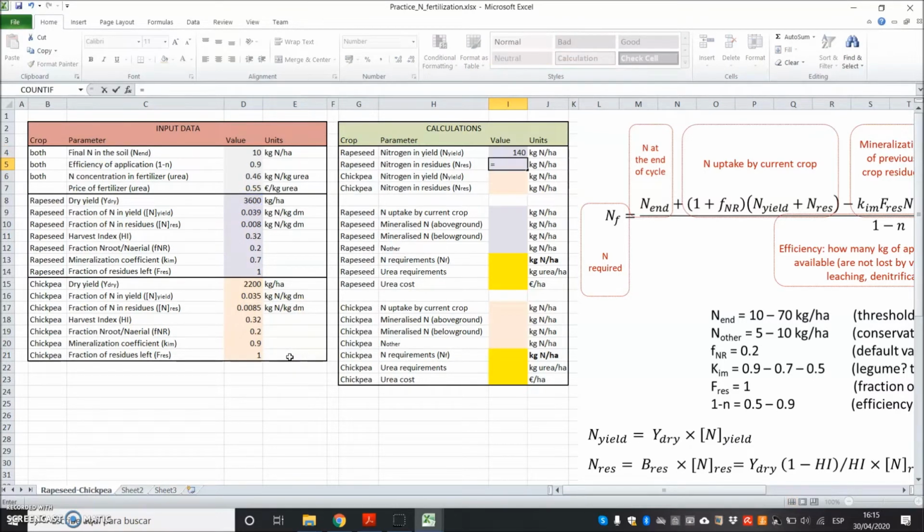With regard to the residues, we need to apply this second equation. So we have the dry yield, the concentration of nitrogen in the residues, and this expression that depends on the harvest index.